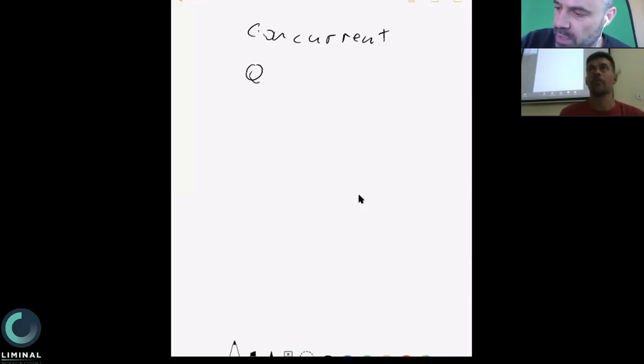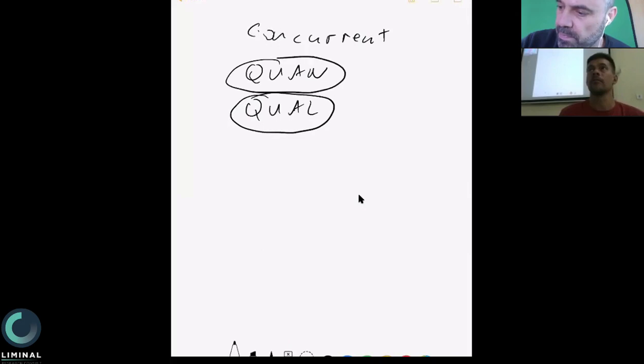Okay, so if you look at the approaches, you first get the concurrent approach. So you'll have the quant and the qual at the same time. Both of them at the same time.